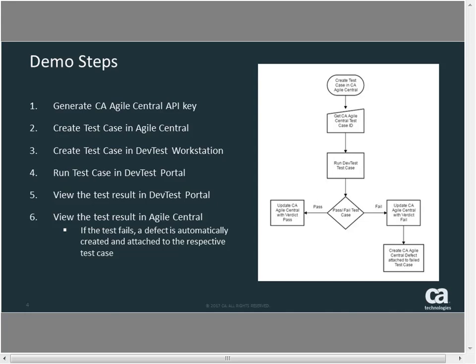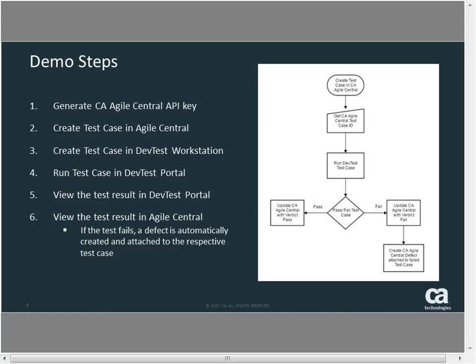This is the workflow. We'll use 3 different interfaces. One of them is Agile Central, which is a web-based interface. We'll create an API key that we can use. This is communication between the solutions. It's all API-driven. We'll create a test case in Agile. We can attach it to a user story.